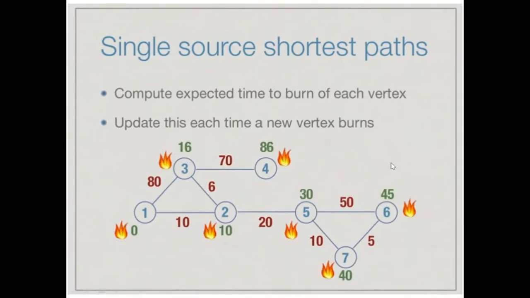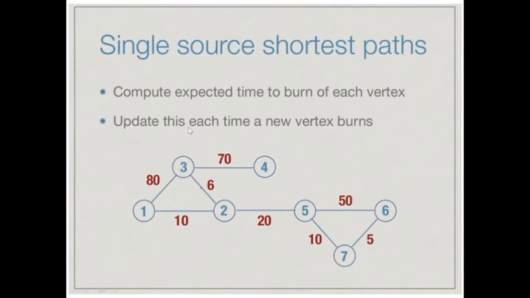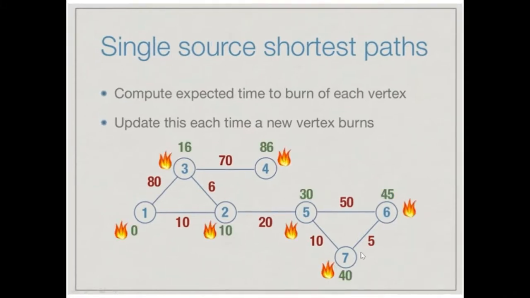In the last slide, assume that there is infinity written above 3, above 4, above 2, above 5, 6, and 7. And now, after the update, the cost of reaching from vertex 1 to every other vertex has been updated.